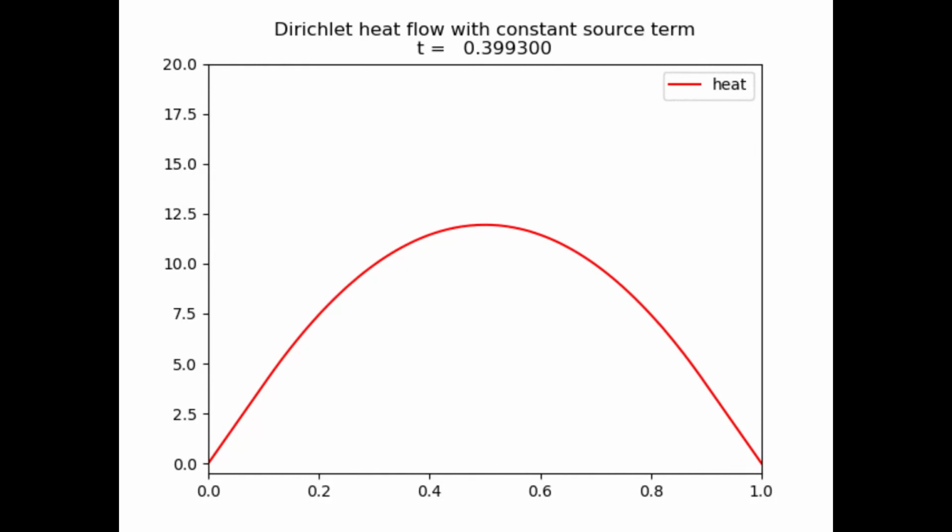And as we let the heat evolution run over time, we see that eventually it converges to a steady state. That steady state solution actually is the solution of another partial differential equation, which is known as the Poisson problem, and which is going to be the subject of the next lecture.